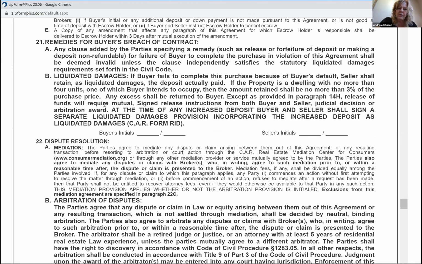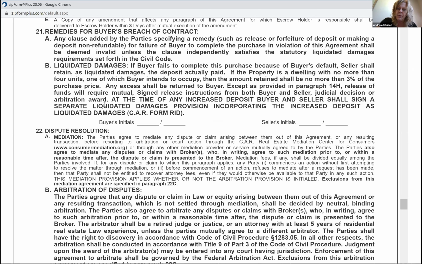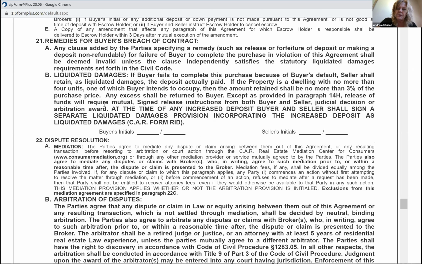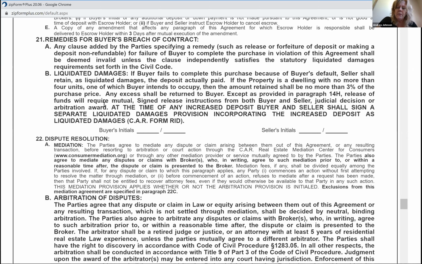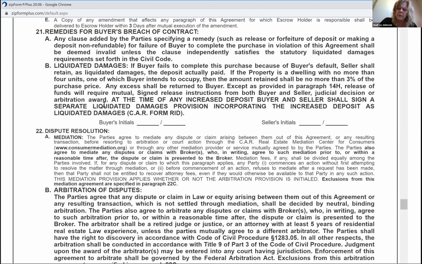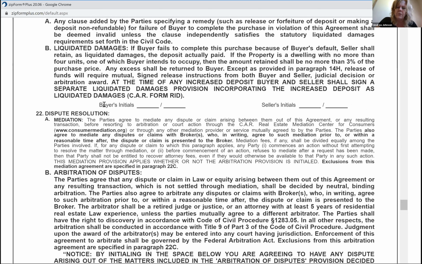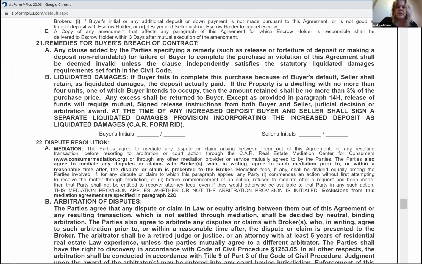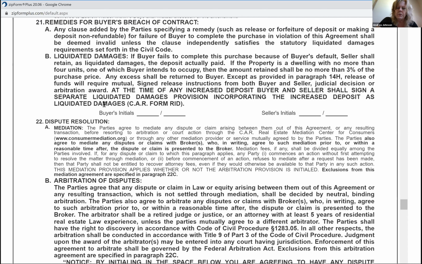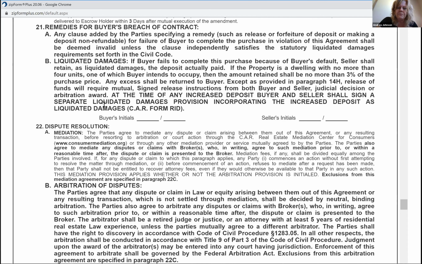I personally have never done a transaction without everyone initialing both liquidated damages and arbitration clauses. But there may be cases in which someone does not want to initial arbitration in particular. Sometimes attorneys don't like to initial arbitration clauses, since they're advised in law school not to initial arbitration clauses. All my attorney clients have always initialed arbitration, however.